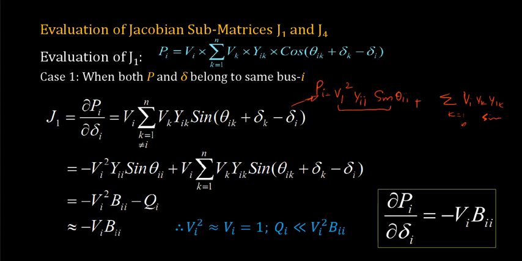So once you differentiate, this particular term will be 0 because there is no delta term here, and you will only have this term. Only this term will be present, so that term is mentioned here. Then we have to add and subtract this particular term. You add minus VI squared YII sin theta II on both the sides.